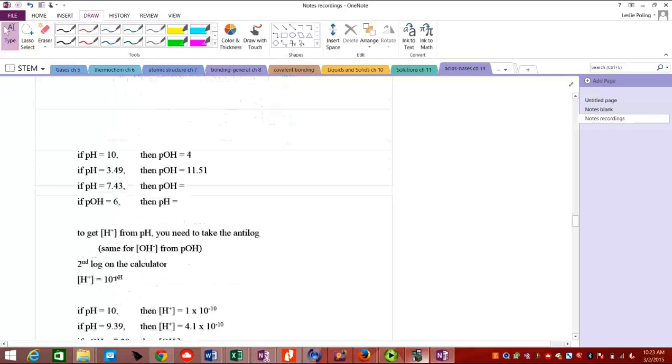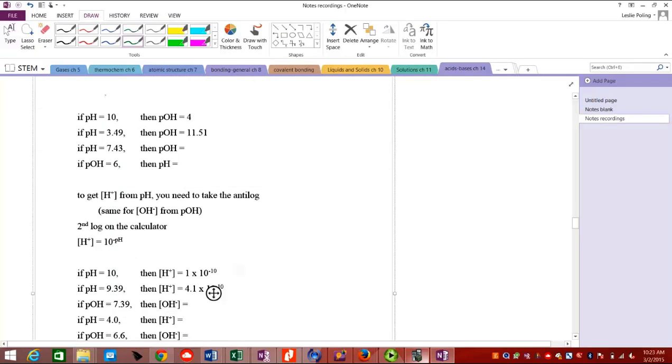Now, using the fact that pH plus pOH is equal to 14: if pH is 10, pOH is 4. If pH is 3.49, then pOH is 11.51. If pH is 7.43, then pOH is 14 minus 7.43, which would be 6... I'm having a blank, 57.